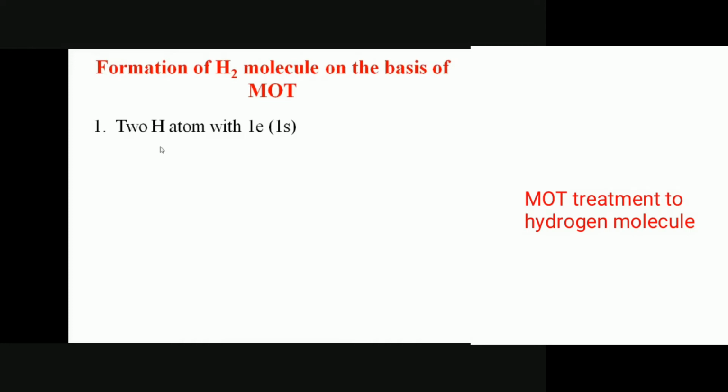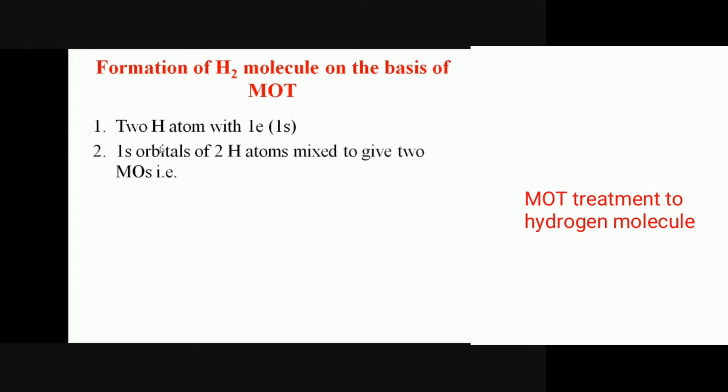So for this H2 molecule, two hydrogen atoms are taken, each with one electron. Now when these two hydrogen atoms mix, they will form two different MOs. Obviously, the molecular orbitals they form will be one bonding and the other anti-bonding.